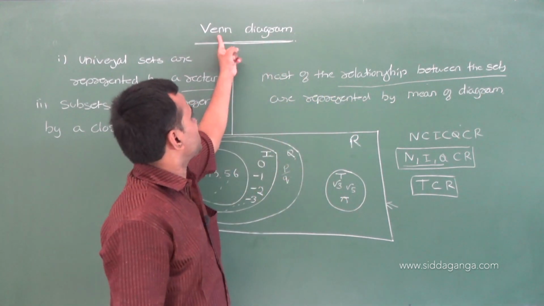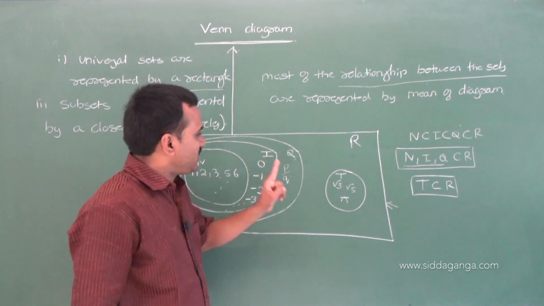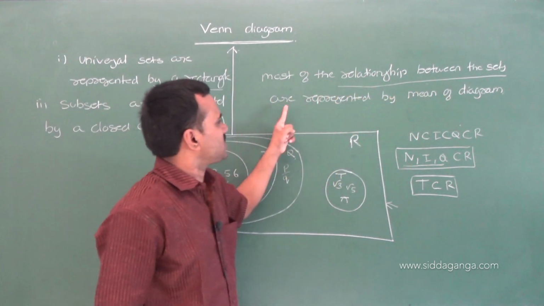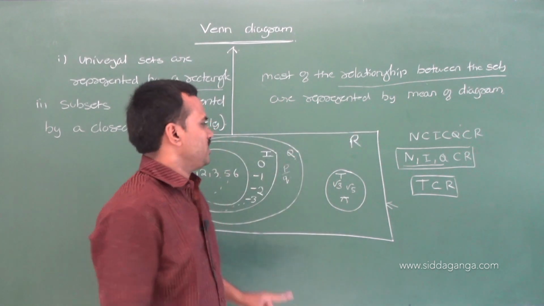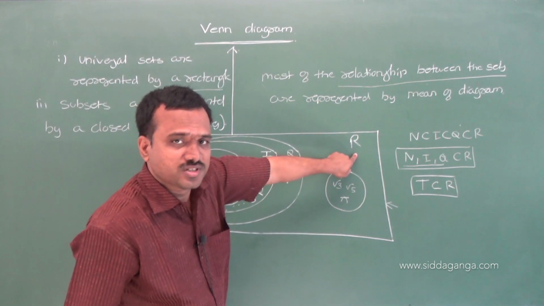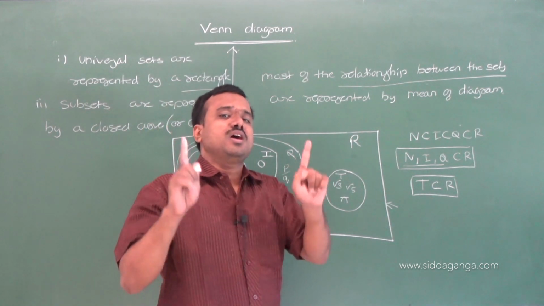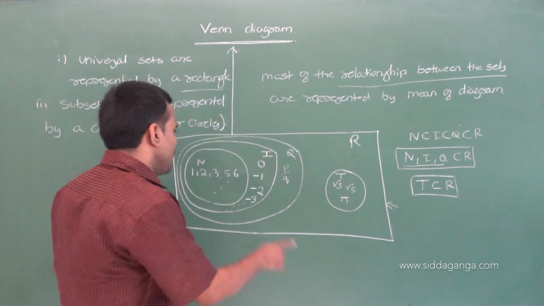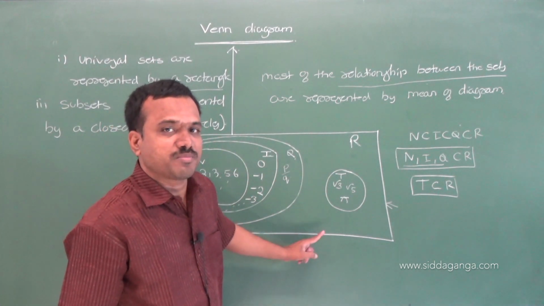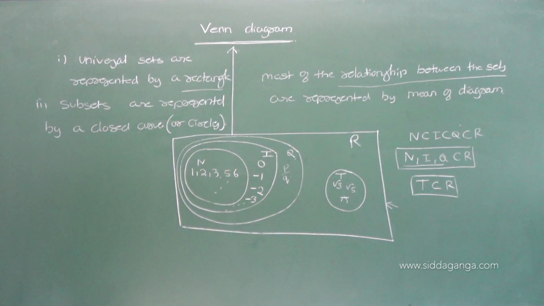That's why we name it the Venn diagram. Venn diagram means the relationships between the sets are represented by a diagram. In the Venn diagram, universal sets are represented by a rectangle, and subsets are represented by a circle. Clear? Better we take one more example.